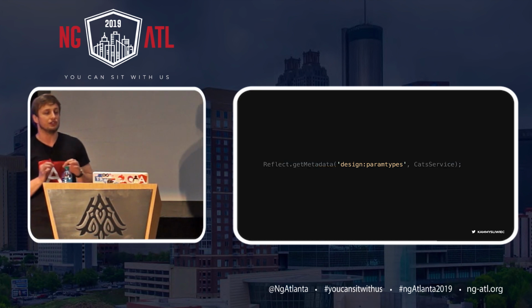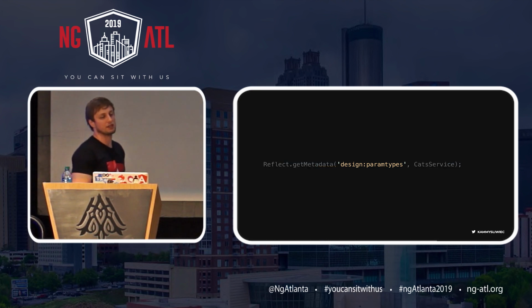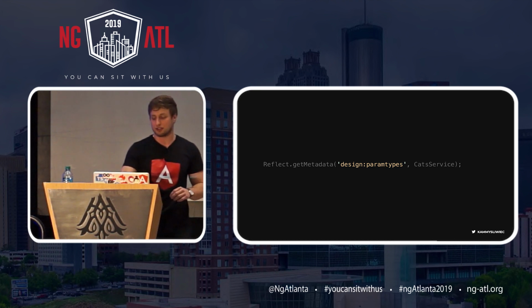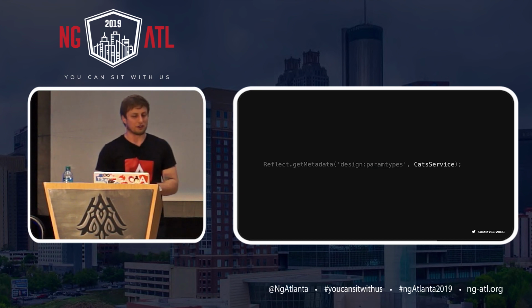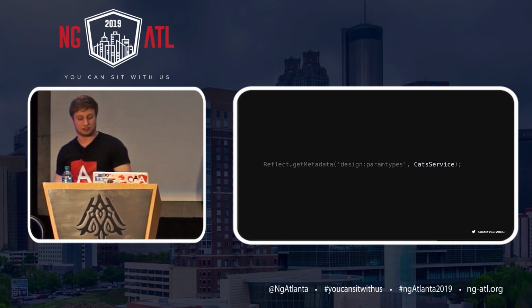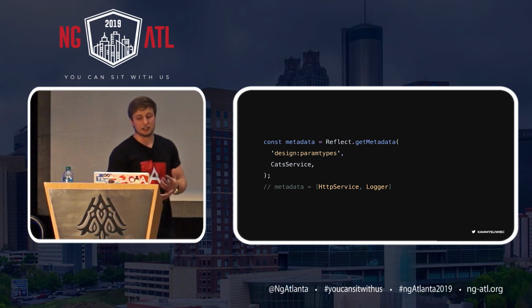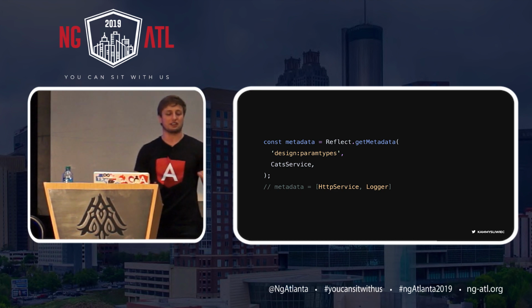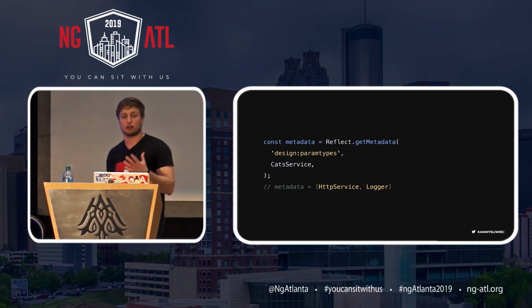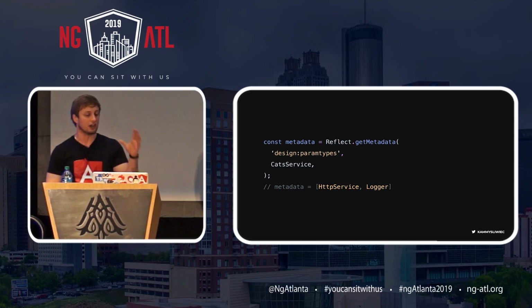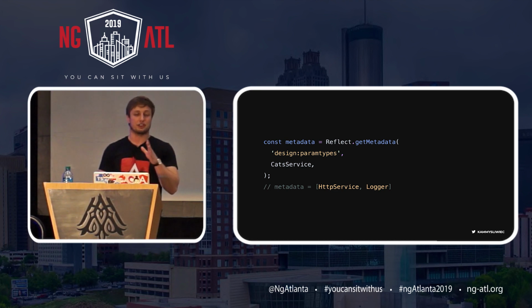If we put this design paramtypes key that I've mentioned a few slides ago as the first parameter, and our class as the second one, in this case just CatService, it's going to return an array of types that we can use to indicate what dependencies are required in this actual CatService. It's an array with HTTP service and logger.